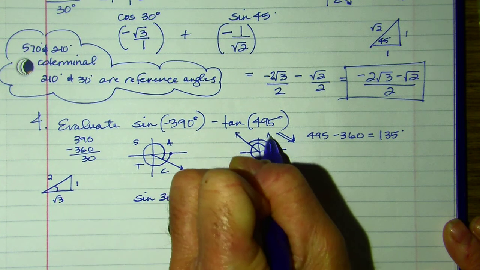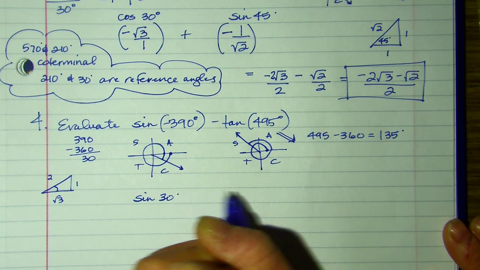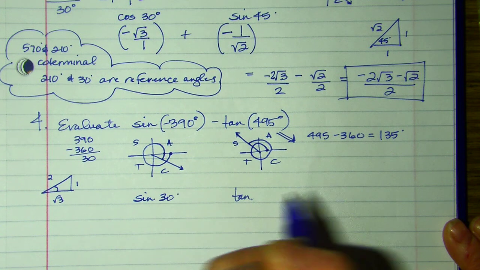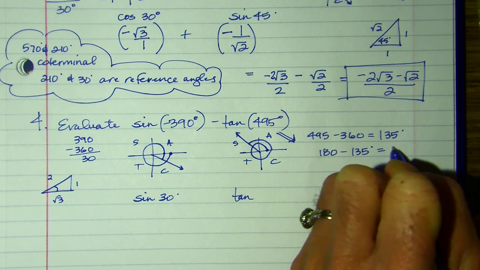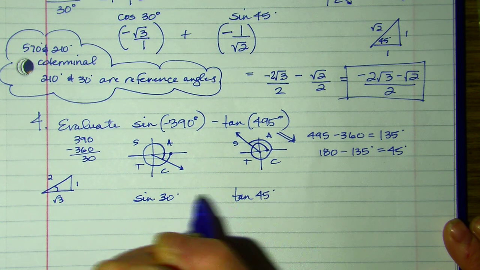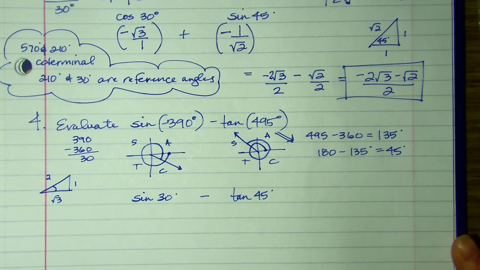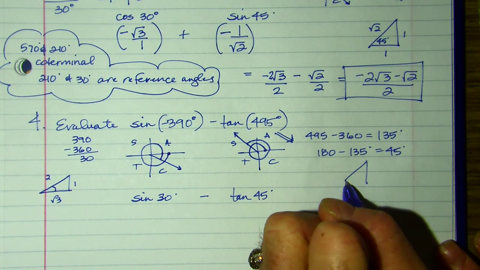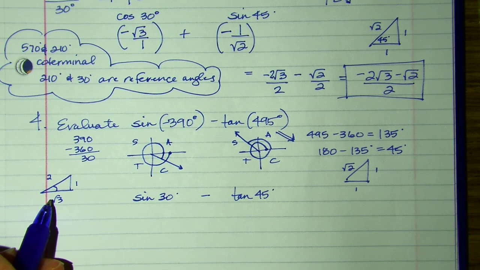So all students take calculus. So I'm actually evaluating the tangent because 180 minus 135 is 45. So I'm actually going to be evaluating the tangent of 45 degrees, and this was a subtraction problem. So using my pictures, right, here's my 45, 45. Here's my 30, 60, 90.